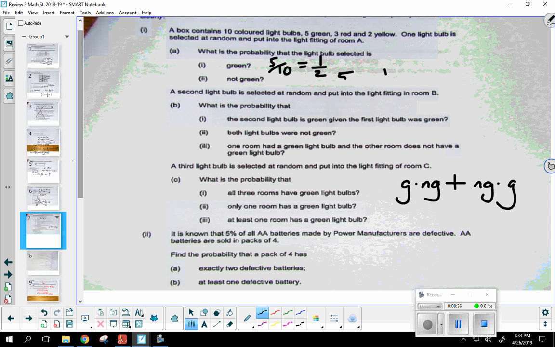Green would be 5/10 times not green, 4/9, plus not green 5/10 times 5/9. And I believe I ultimately got 5/9 altogether.